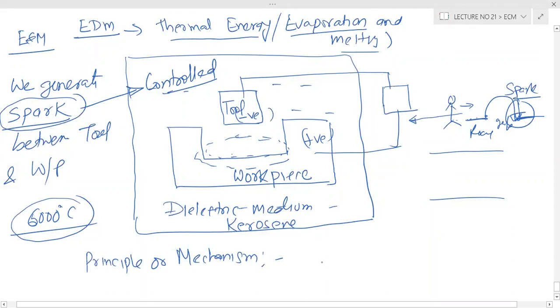And one thing I request you all: before attending the class, go through at least all the previous GATE questions. At least read at a glance, get a feel for what is to be studied. Otherwise it will be difficult for you to solve and get the answer, because your concept is not that much. So at least read all the questions of advanced machining processes.